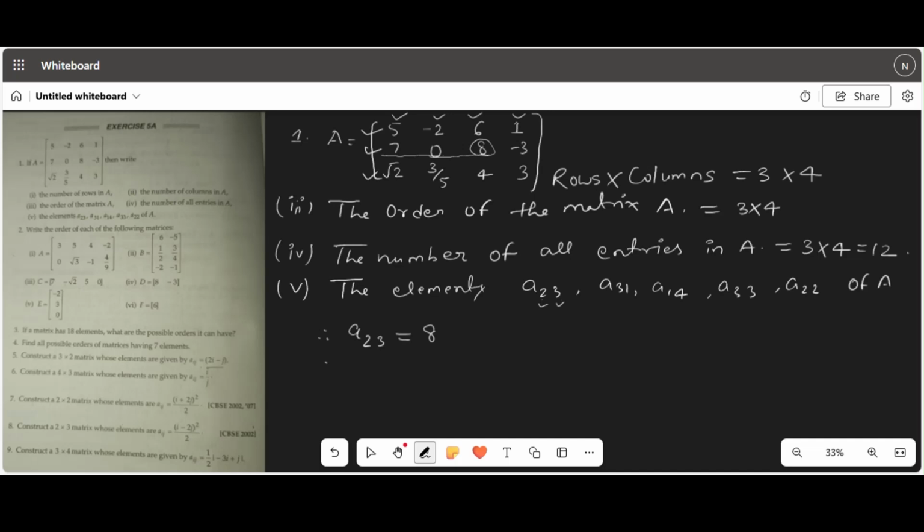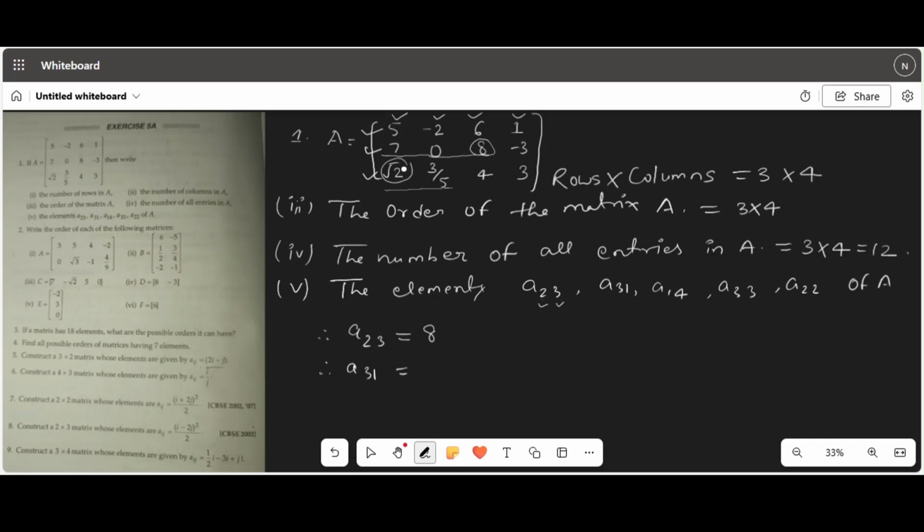Now see what is asked. Now it's your turn. Third row and first column. So let's see third row, here it is, and first column. What is the common place of third row and first column? It is root 2.